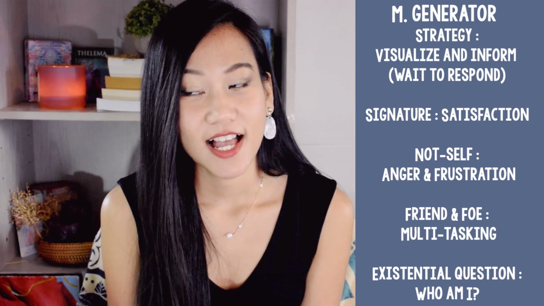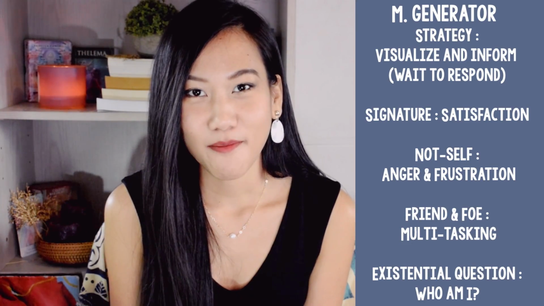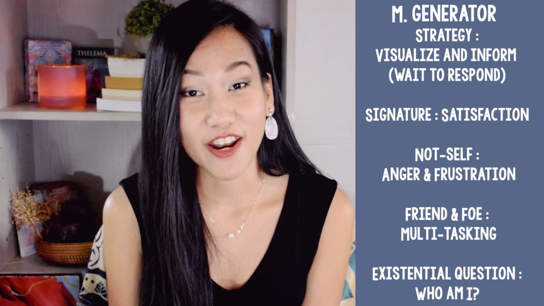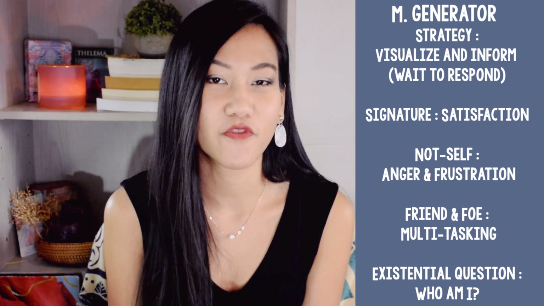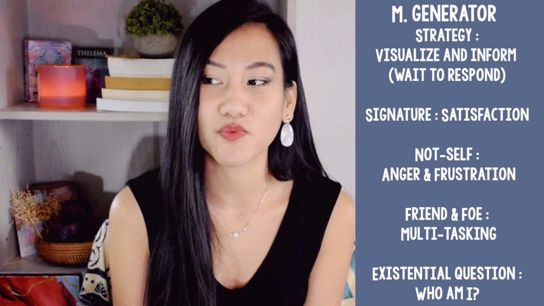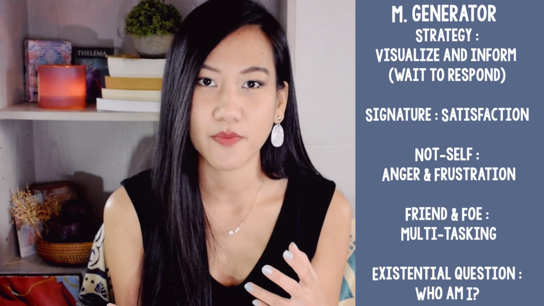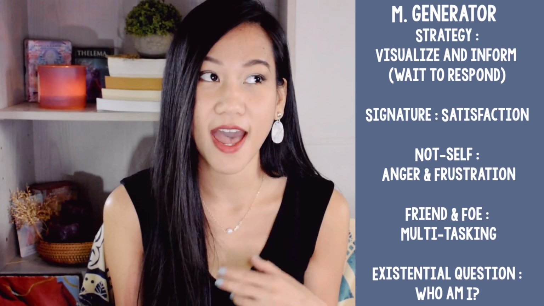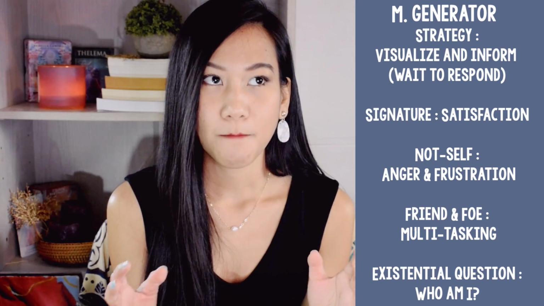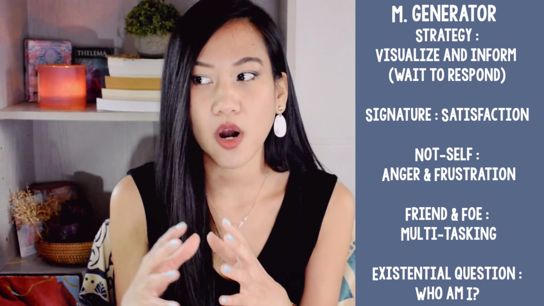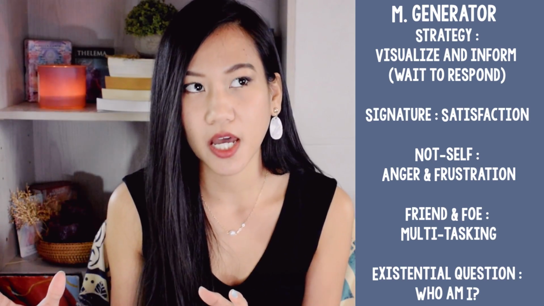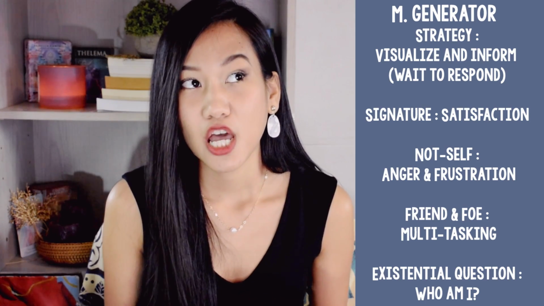Now we're going to talk about the manifesting generator. So, the manifesting generator, their strategy is to visualize and inform, also like a way to respond. So a manifesting generator is sort of a hybrid between a generator and a manifestor, but they're more leaning towards the generator because of that defined sacral.